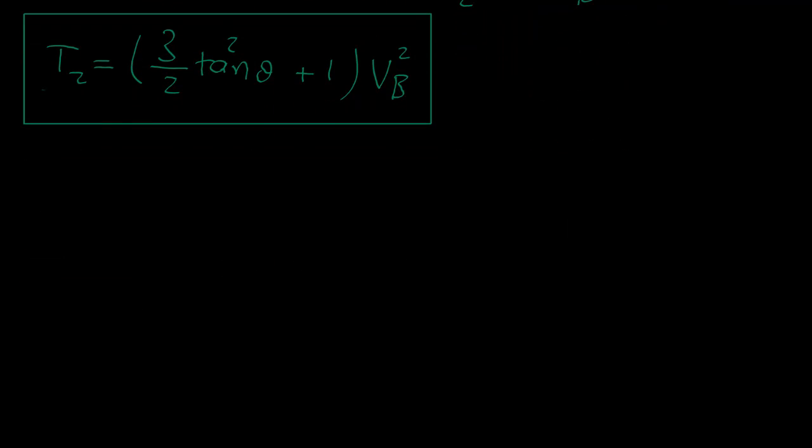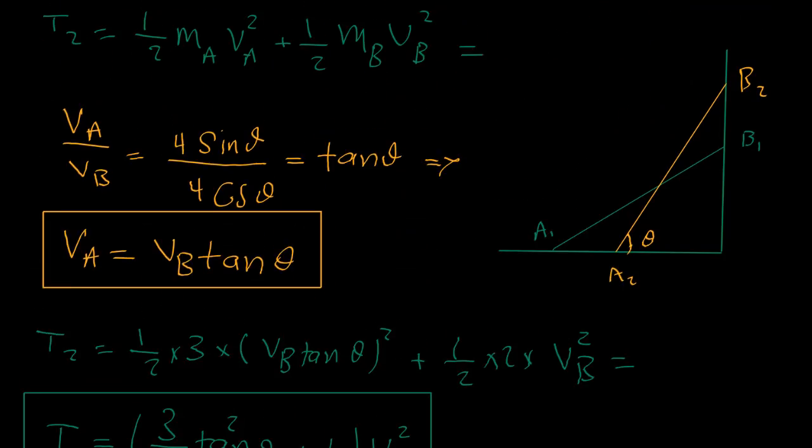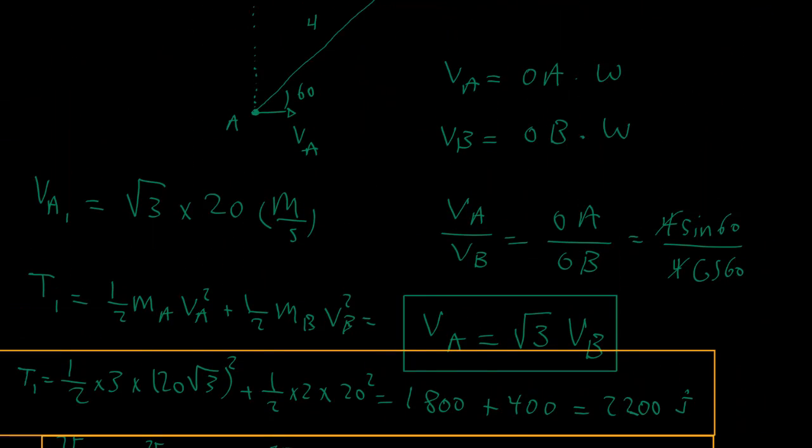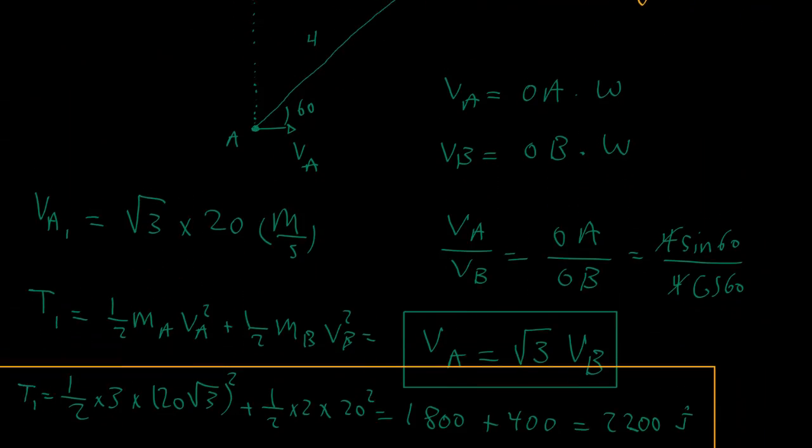So U2 would be, again, U spring A plus U gravity B. So let's calculate the energy that is stored in the spring here.